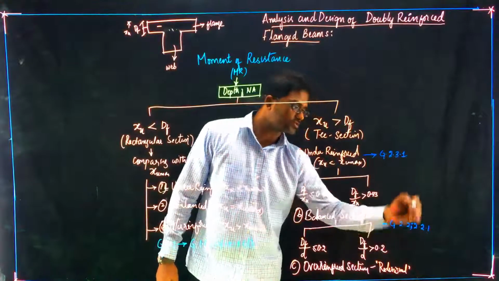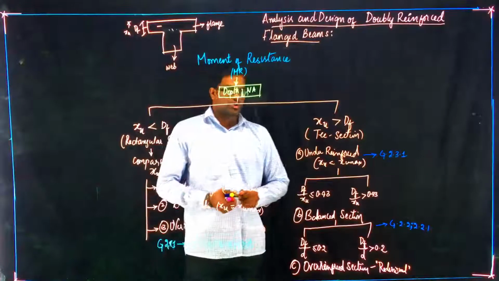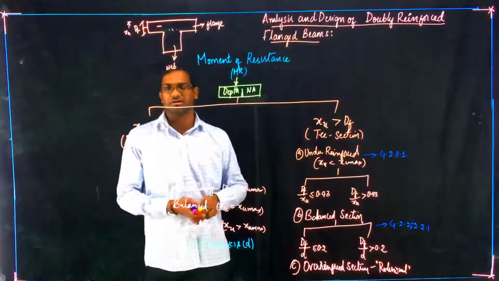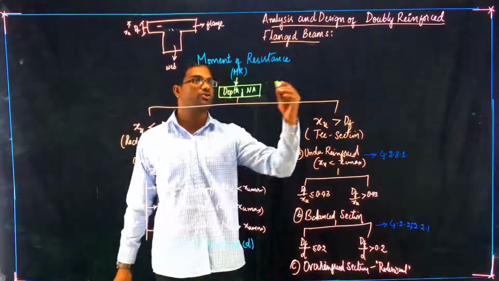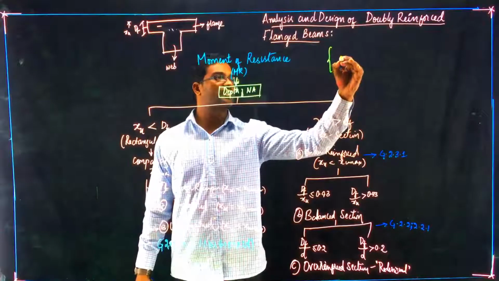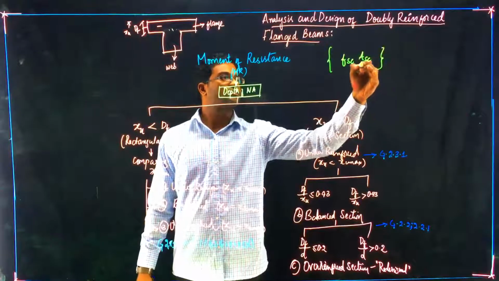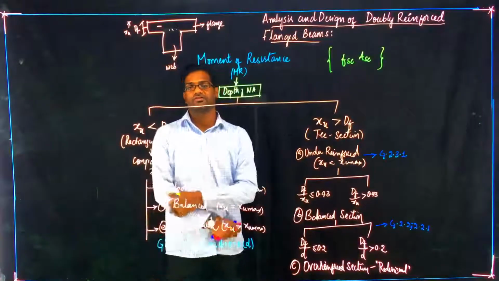There are two clauses which we can refer. The only extra term added in doubly reinforced section is this extra reinforcement, the value of FSC ASC, which we have discussed earlier.